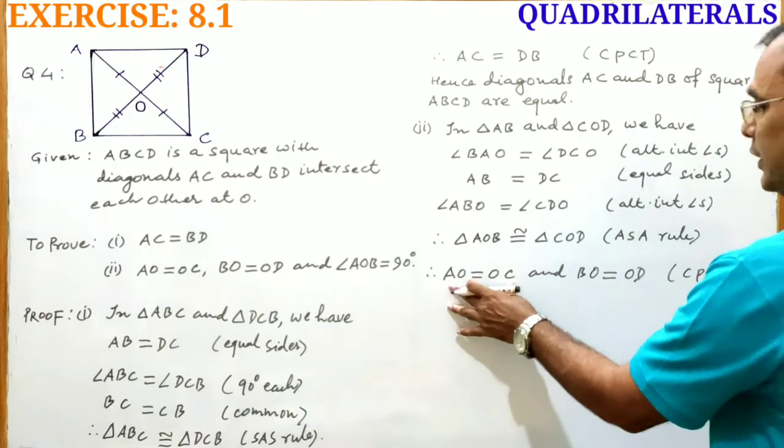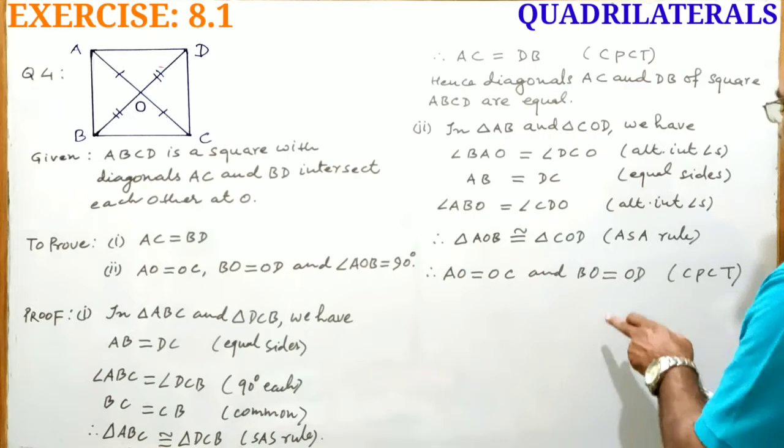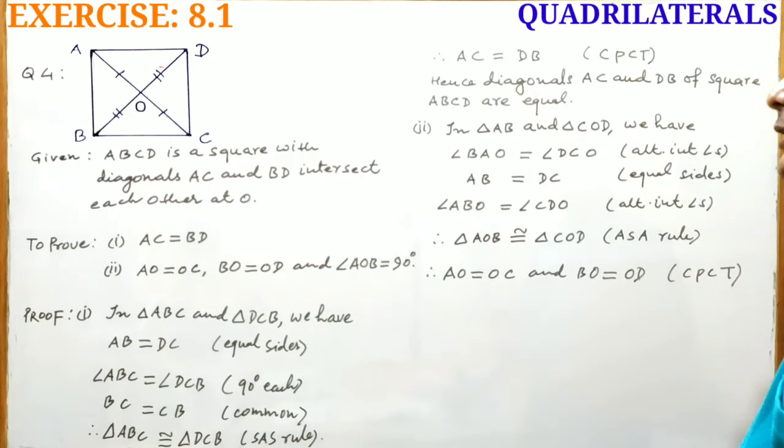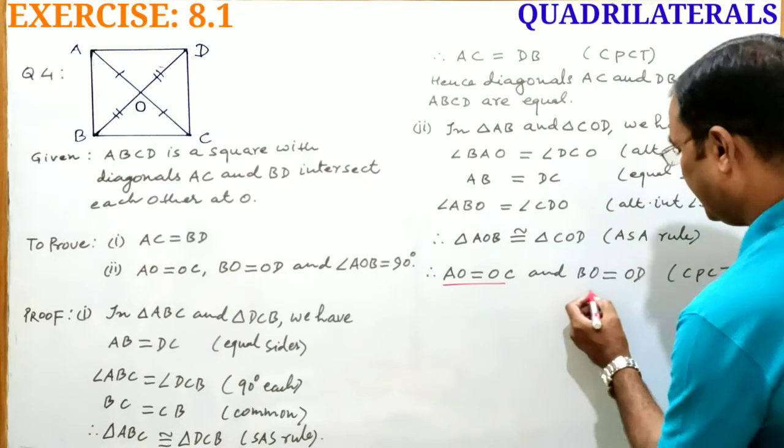AO equal to CO and BO equal to DO means diagonals AC and BD bisect each other at point O.